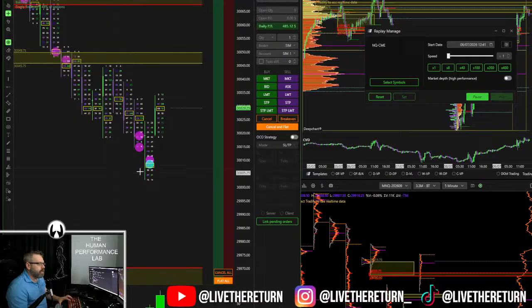And what happens on pullbacks like these, that's what's creating these pullbacks, because that's exactly what they're doing if they're underwater. Or let's say they have a customer that they want to get out of at the best price possible for the day, and the market's going down like this.